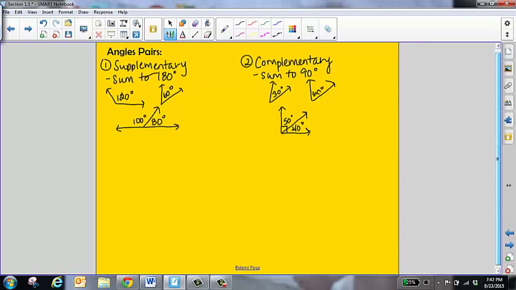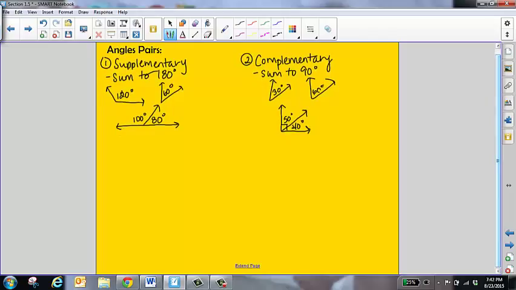Okay, now these next 2 angle pairs might be new for you. So the first one that we're going to talk about is a linear pair of angles. Now, a linear pair of angles basically are 2 angles that form a line.